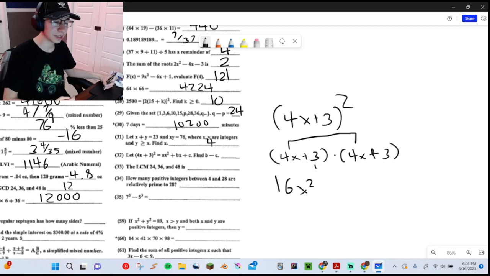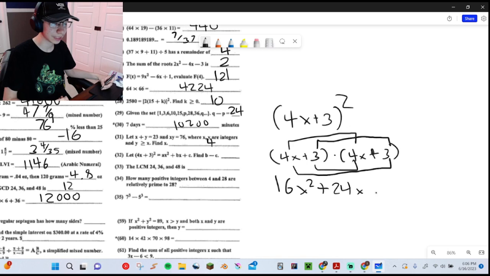The sum of the inner and outer terms, so that's going to be 3 times 4x plus 4x times 3. So that's 12x plus 12x, so that's going to be 24x. And then the last terms, 3 times 3 is plus 9. I want to find b minus c, so 24 minus 9. That's going to be 15.